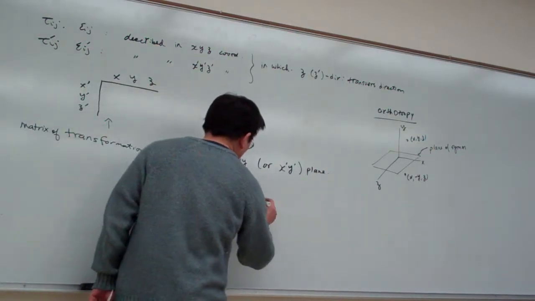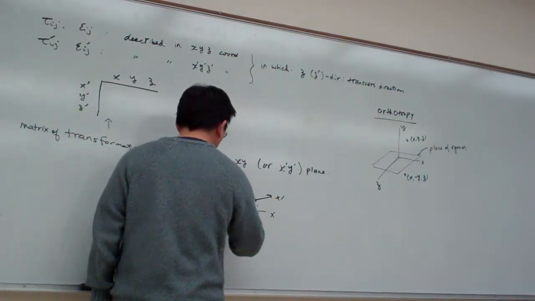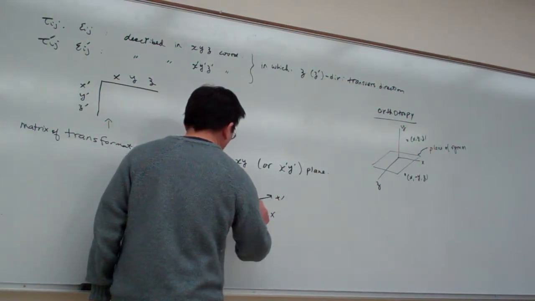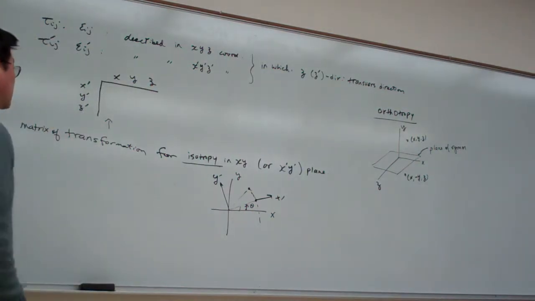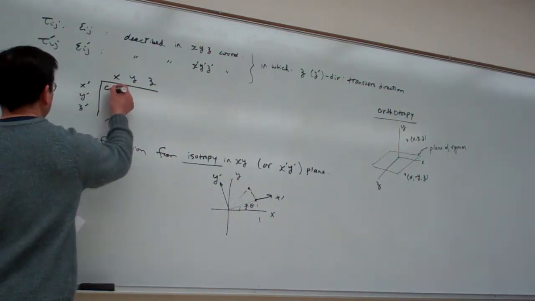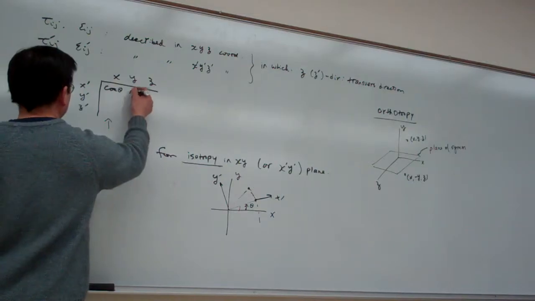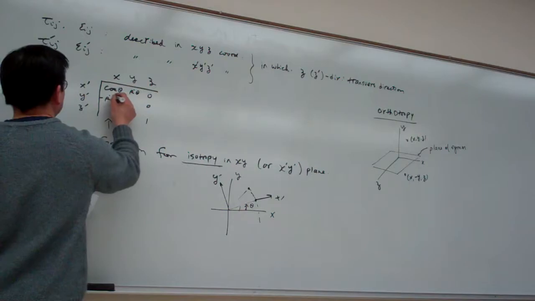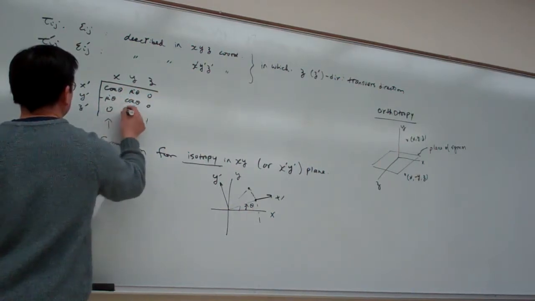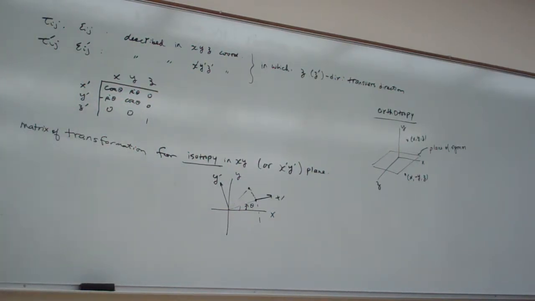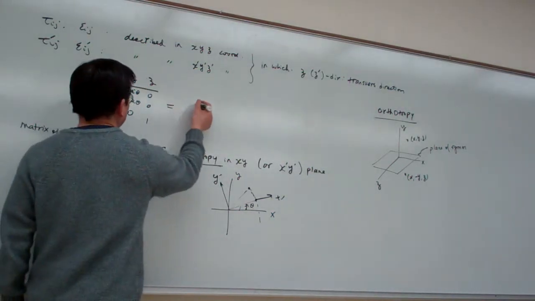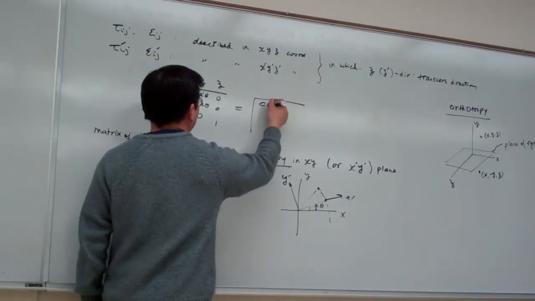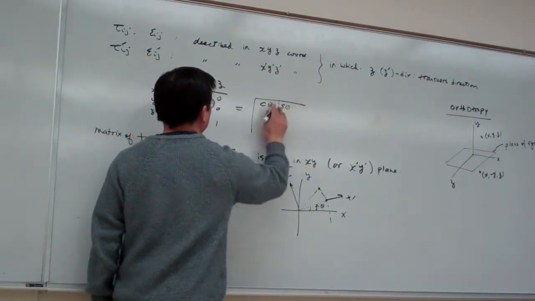For example, let me say this is x prime and this is y prime. The relation between x prime and y prime is defined by theta. So the transformation table we can build up is this: cosine theta, sine theta, 0; minus sine theta, cosine theta, 0; 0, 0, 1. To simplify, I want to use this kind of brief writing: C means cosine, S means sine.